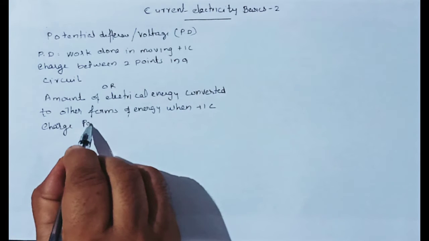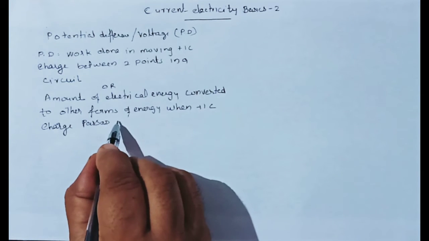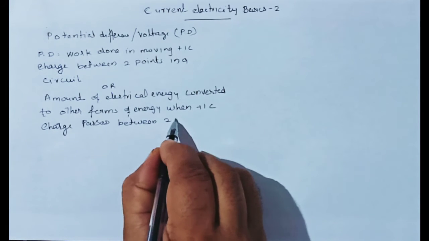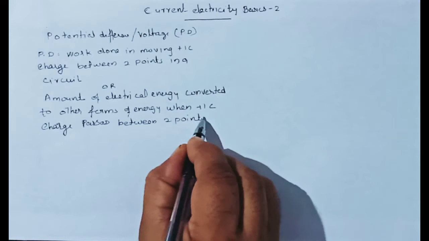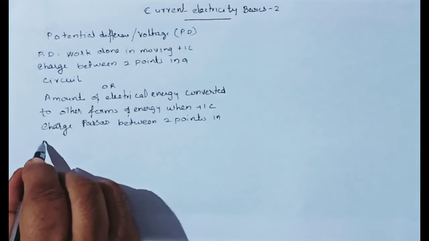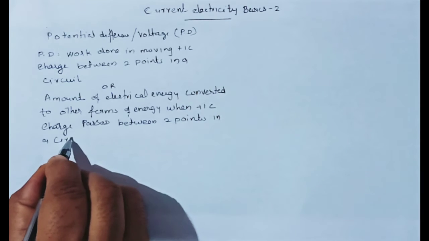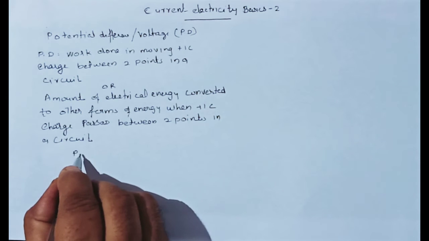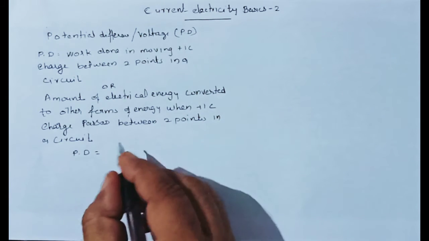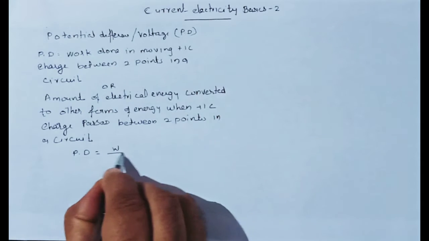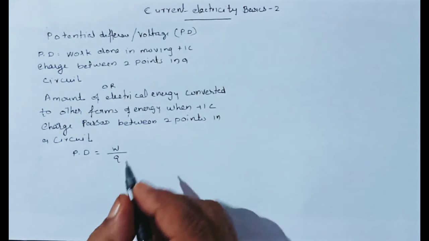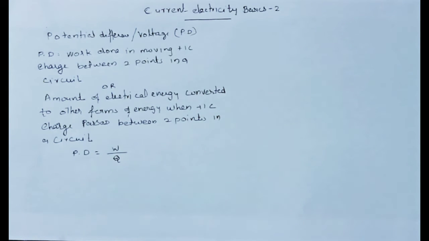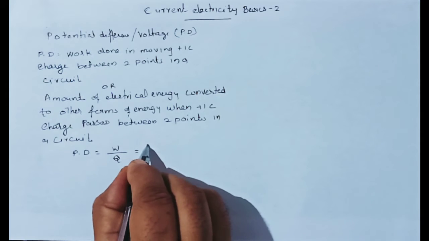So it's actually something to do with the work done or the energy which is being converted from electrical energy to other forms of energy as the charges flow through a point. So we take it as the energy for 1 coulomb charge. If you want a mathematical relationship for potential difference, we can say potential difference equals W upon Q, where W is the work done in moving Q charges.